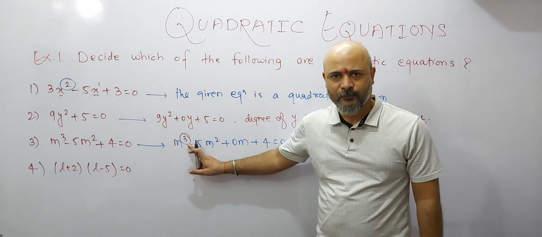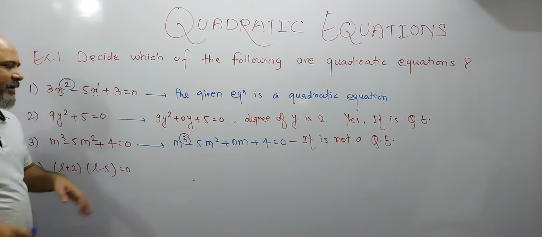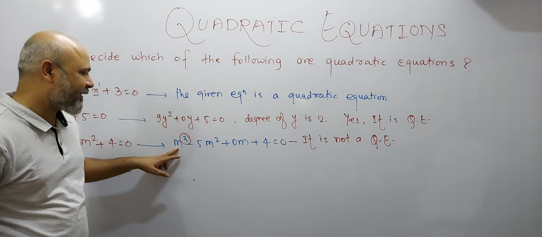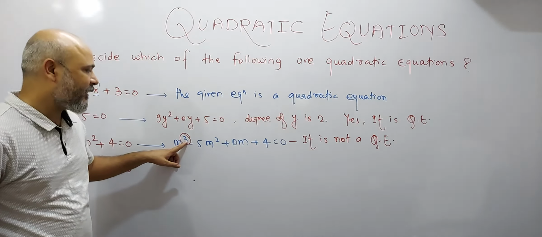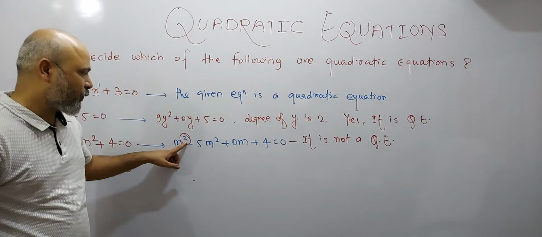So therefore we will say that the given equation is not a quadratic equation. Why is this not a quadratic equation? Because the variable m is having degree 3, which is greater than 2, and which is not a quadratic equation.